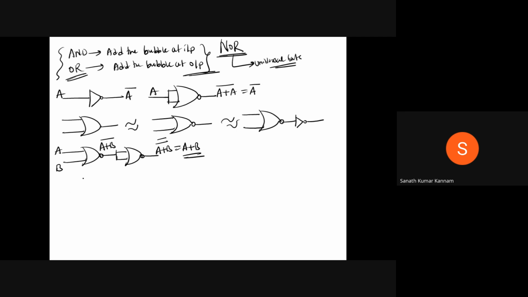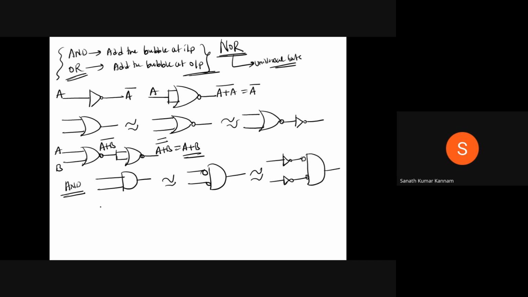Let us take the AND gate. For the AND gate, you need to add the bubble at the input. Wherever you added the bubble, you need to add the inverter, and replace all the gates with the respective NOR gates.